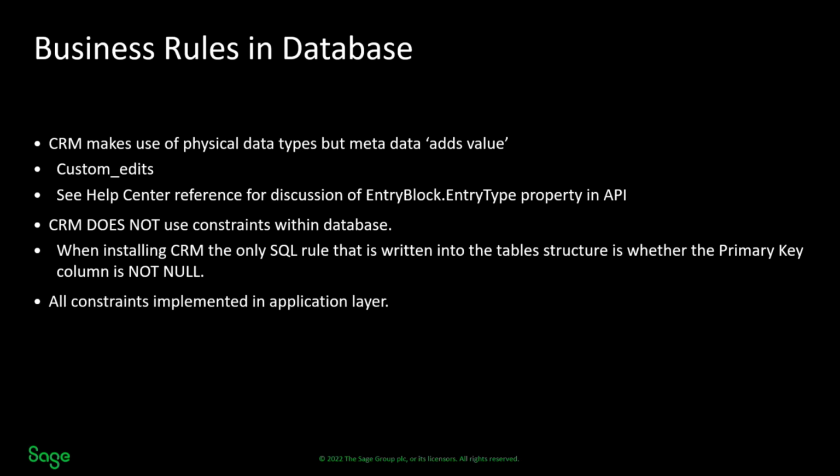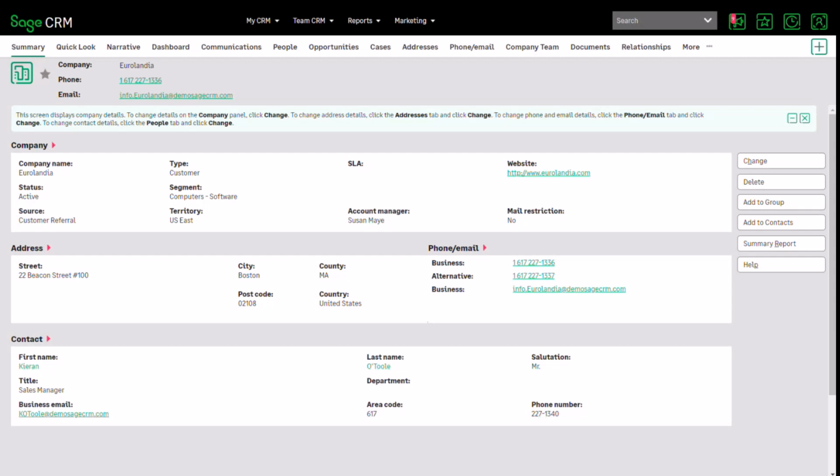So that's the only form of integrity that is expressed within the database. All of the referential integrity is managed not within the database layer, but inside the application layer of Sage CRM. So all constraints within the system are implemented up in the definition of the system. Something to look out for is that sometimes we get into problems where referential integrity tries to be implemented within the database, and we've had some difficulties with that.